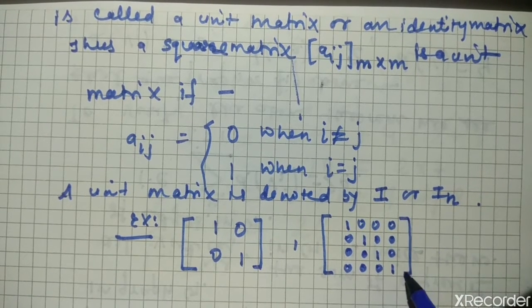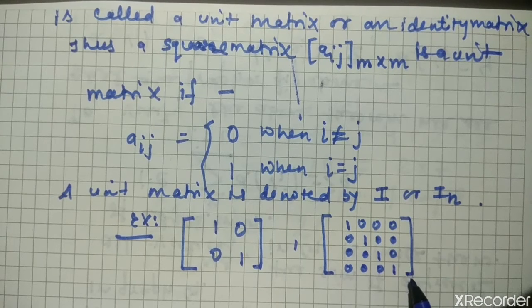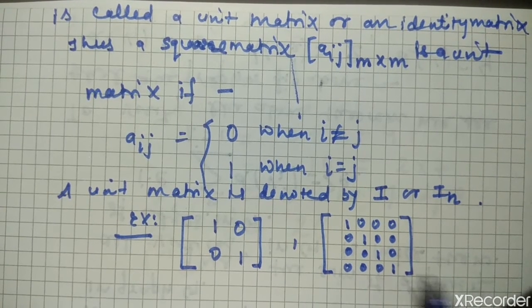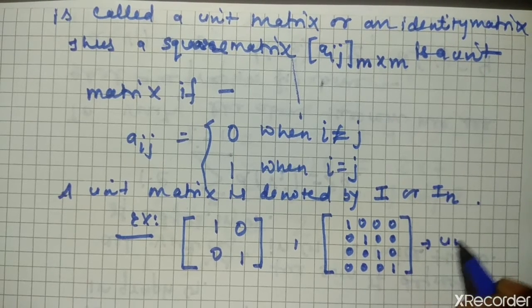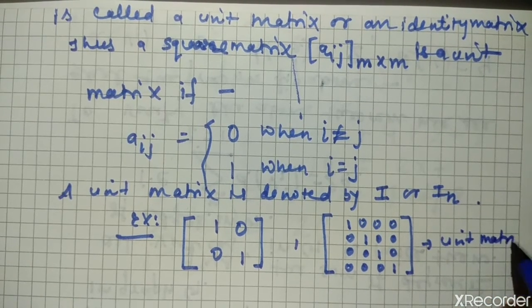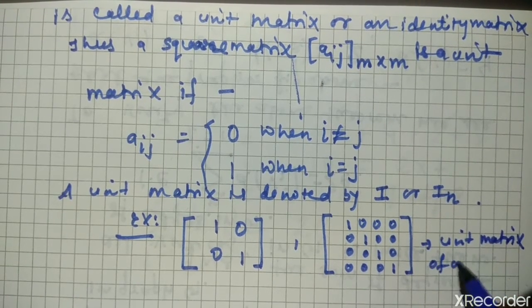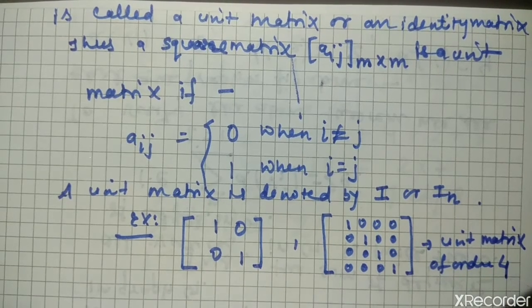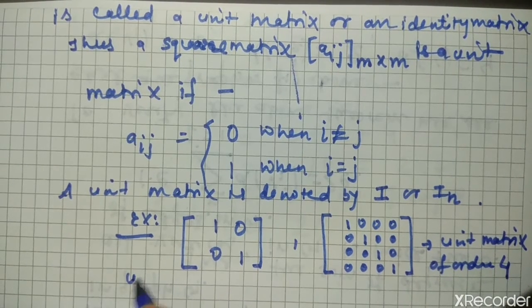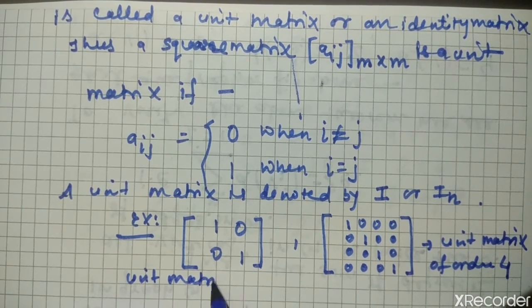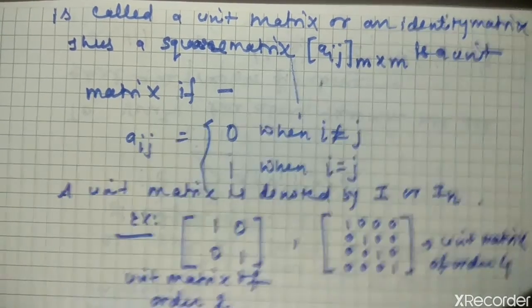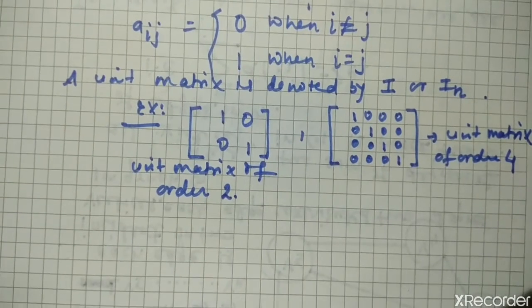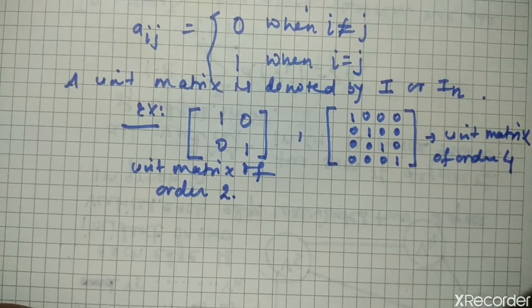Here we can say that this is a unit matrix of order 4 cross 4, and this one is a unit matrix of order 2.